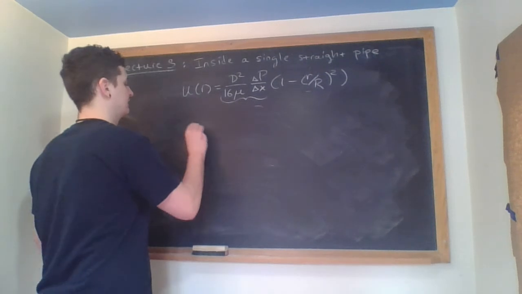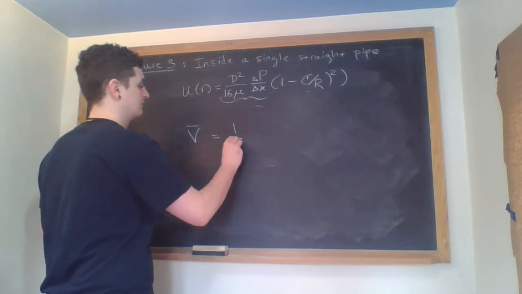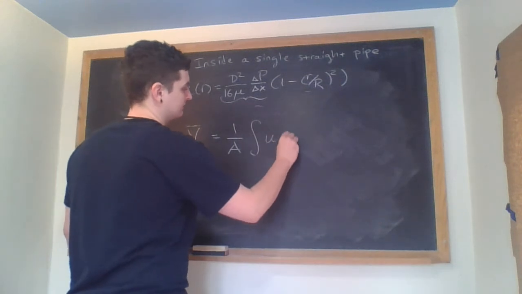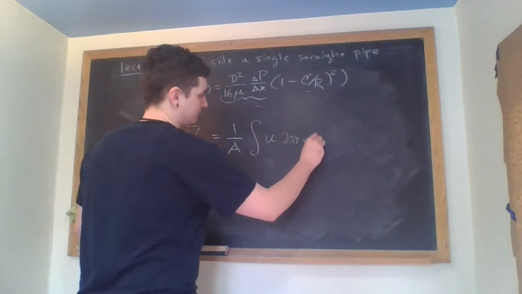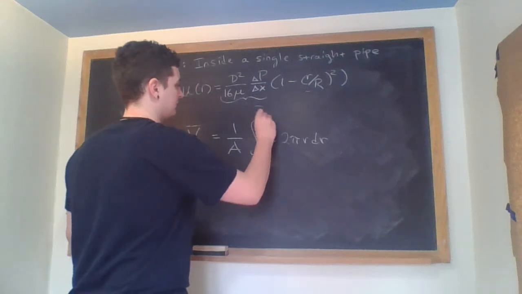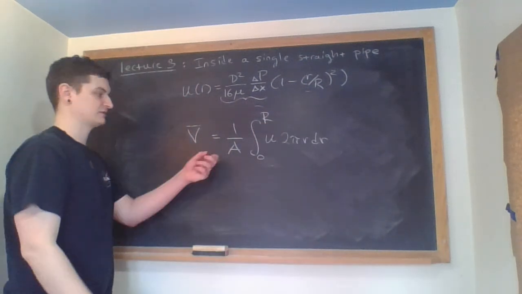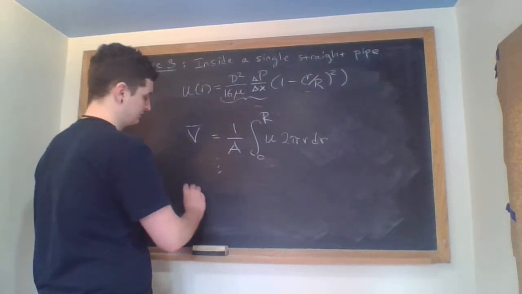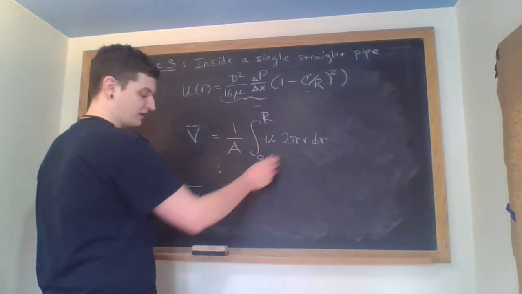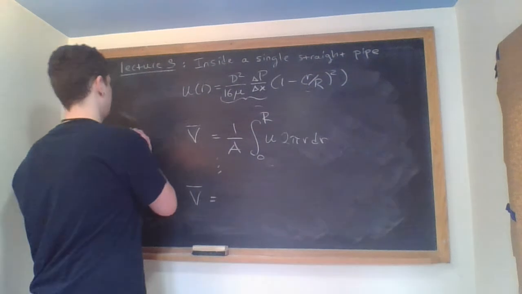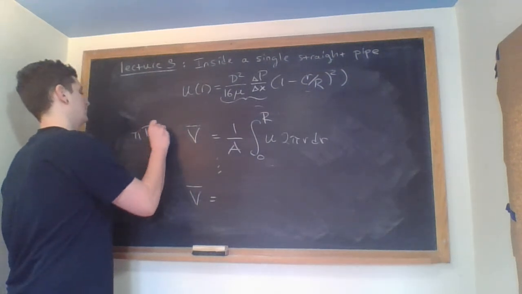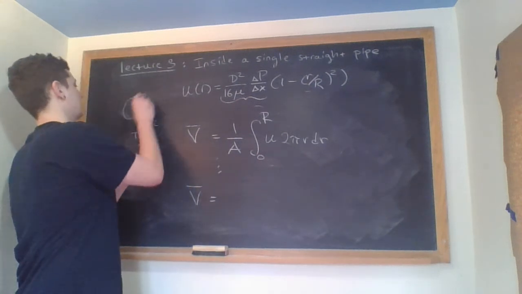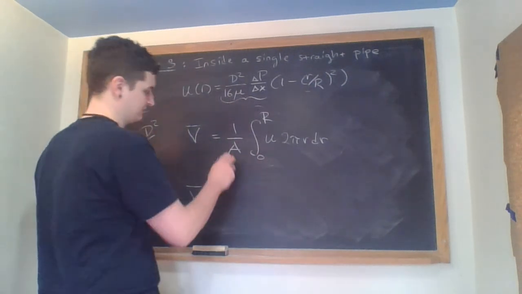So we have that, divided by the area right here. Do the steps, do the integration. The area is pretty easy. It's just pi r squared, because we're talking about a cylinder every time, so that's not too bad to calculate.